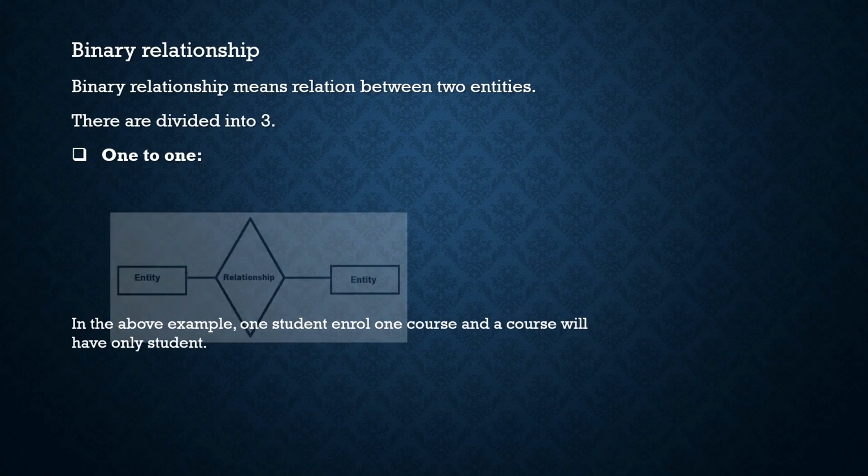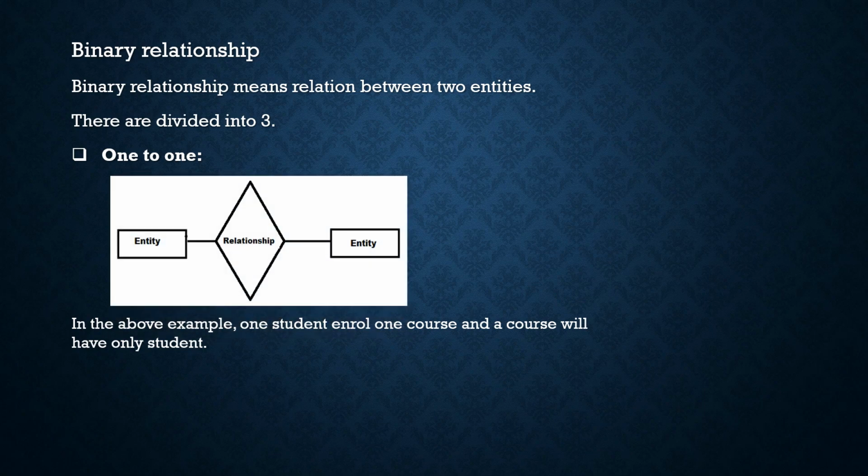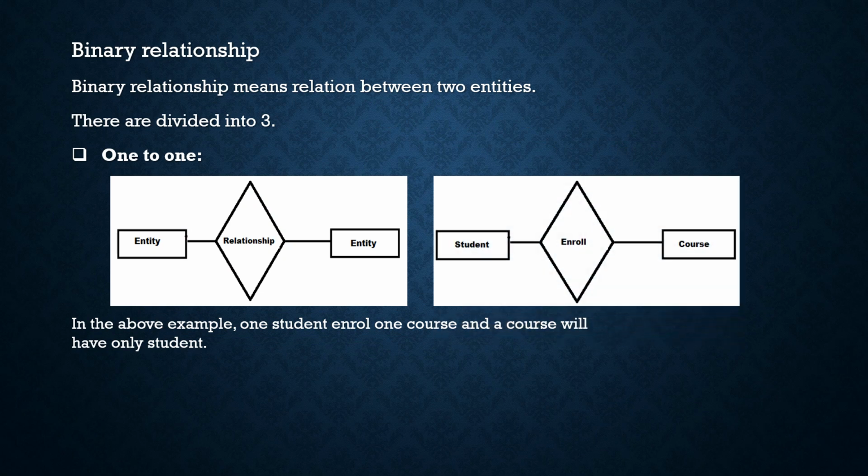First one is the one-to-one relationship. One entity is related to another entity. In the above example, one student enrolls in one course, and a course will have only one student. This diagram indicates a one-to-one relationship.